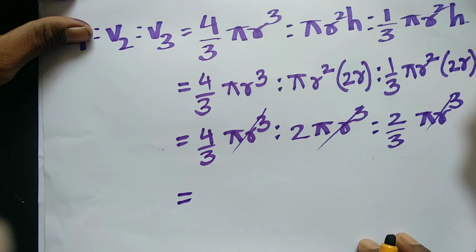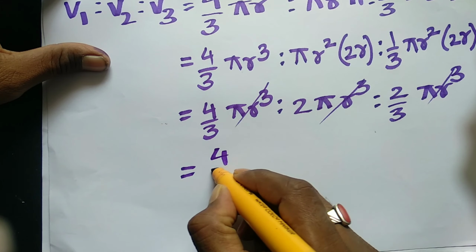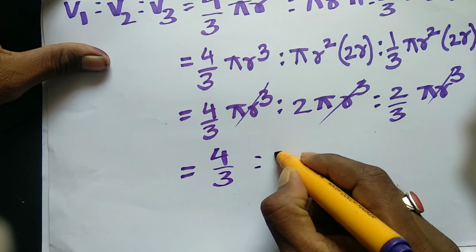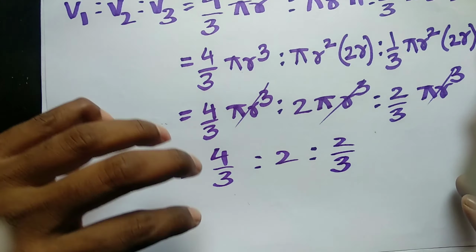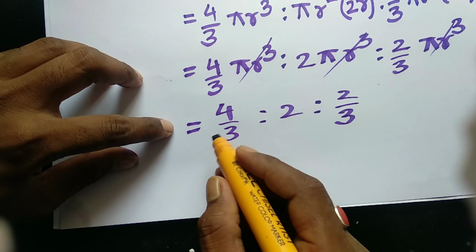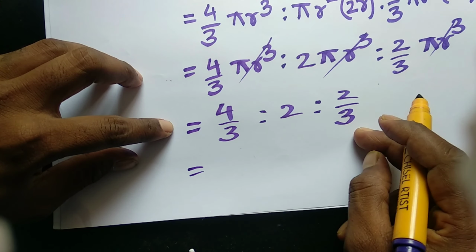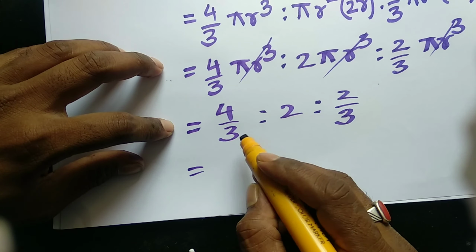Next, we remain with 4 by 3 is to 2 is to 2 by 3, and the ratio must be in integer form. So we can multiply all three numbers by 3 without loss of generality, since we can multiply by the same number.